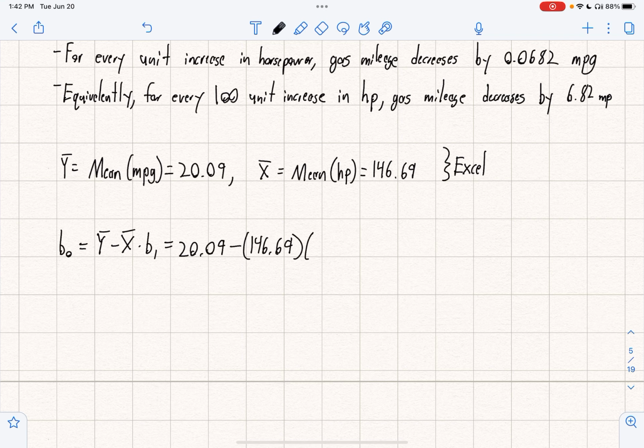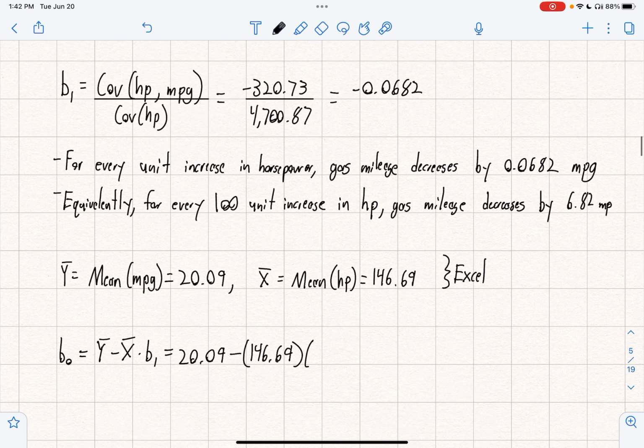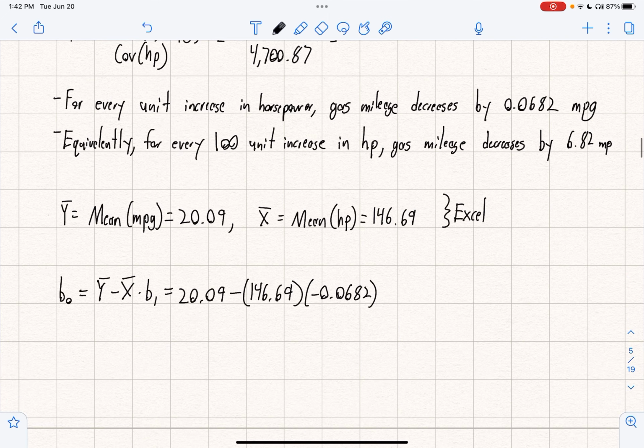And our slope we just found to be negative 0.0682. Right, that just came from right up here. And when we do that, we get a value of 30.099.